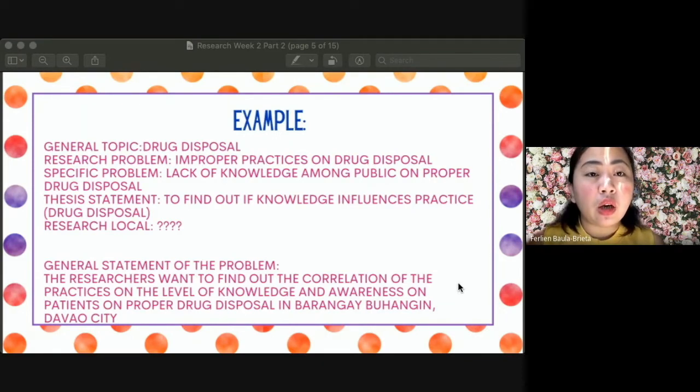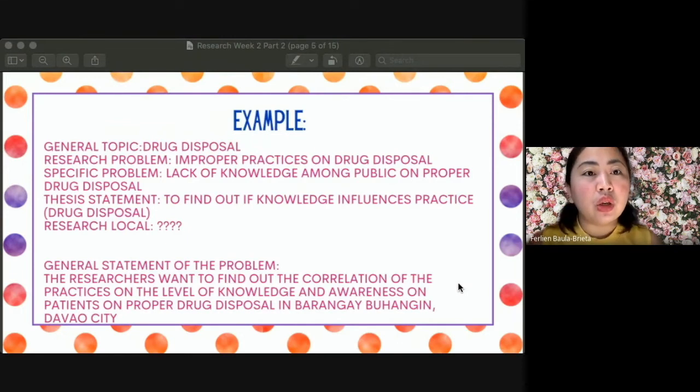Would it be on the knowledge of the public about proper drug disposal? From those 150 remaining articles, you appraise again which among these contain the scope of the public's knowledge about proper drug disposal. Maybe you will be down to 75 articles to work on.